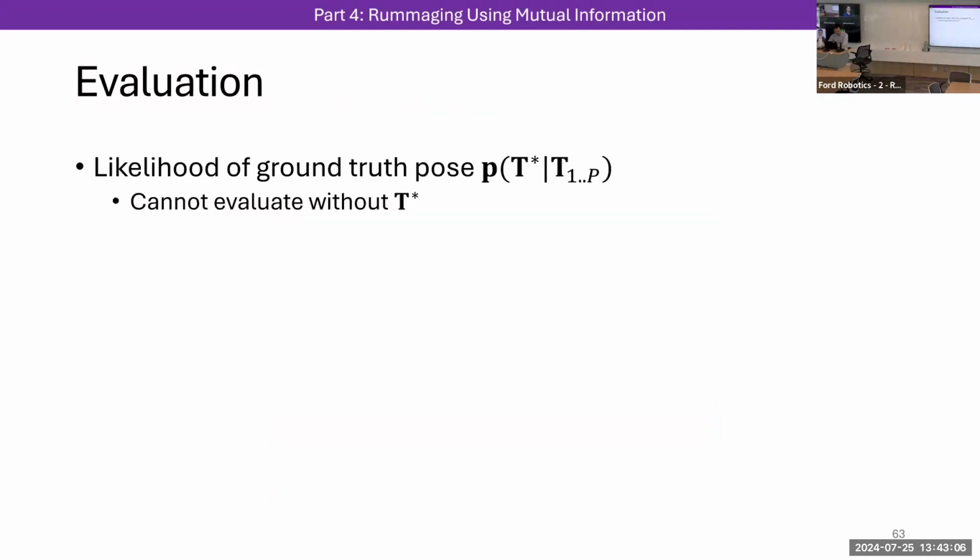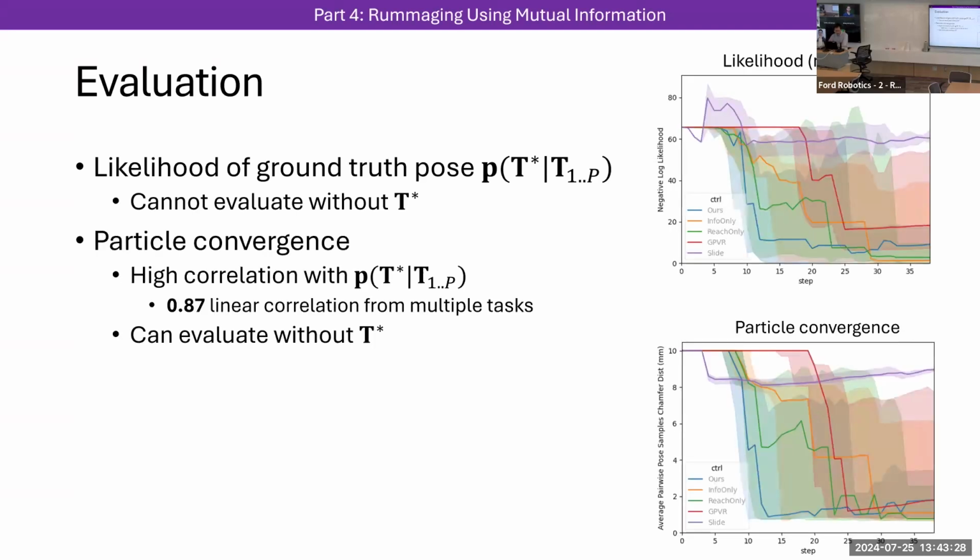So in terms of evaluation, we considered the likelihood of the ground truth pose given our pose particles. This likelihood is only high if the pose estimate is both correct and certain. However, we can't evaluate this without the actual ground truth pose. So we consider an alternative proxy, which is the convergence of the pose particles.